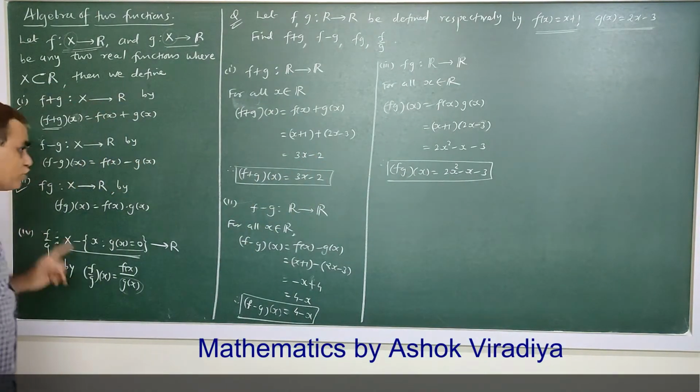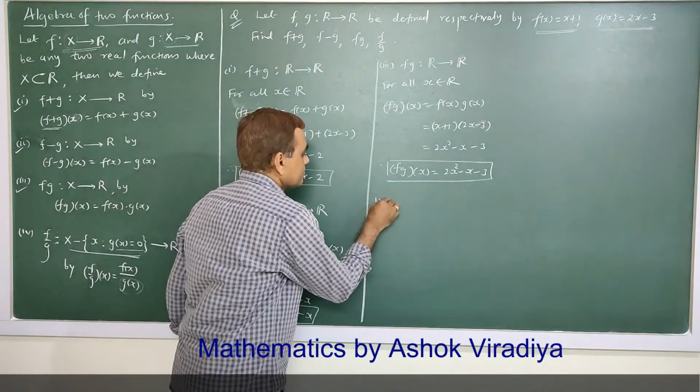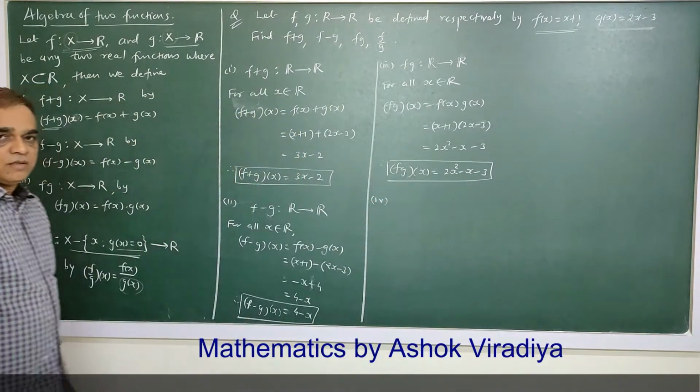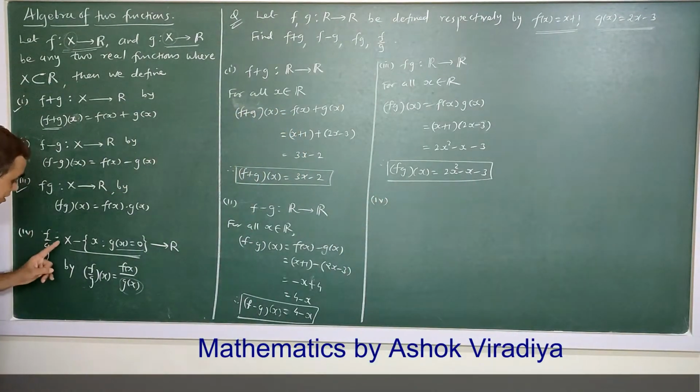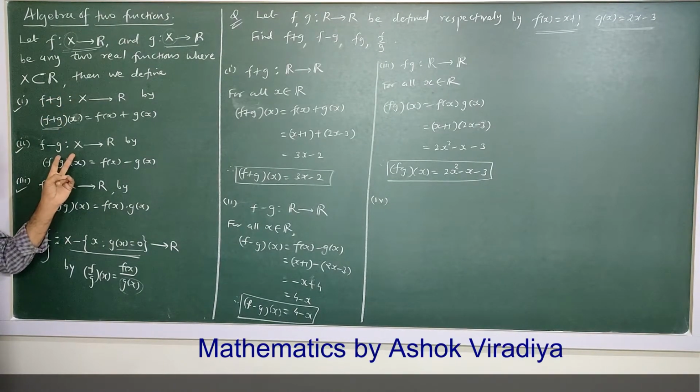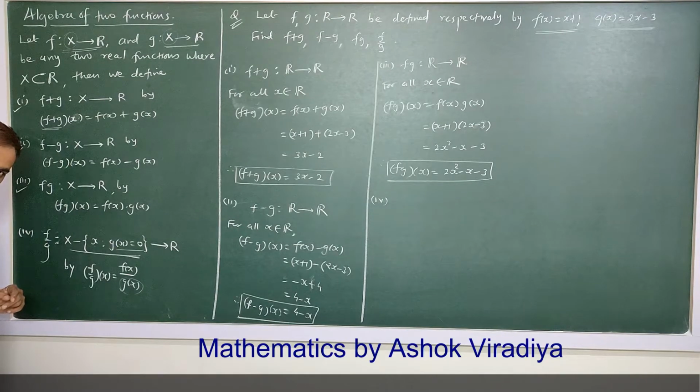Now the fourth function. Here the domain is not the same as we have taken in f plus g, f into g and f minus g. We have to exclude those numbers for which g(x) is 0.